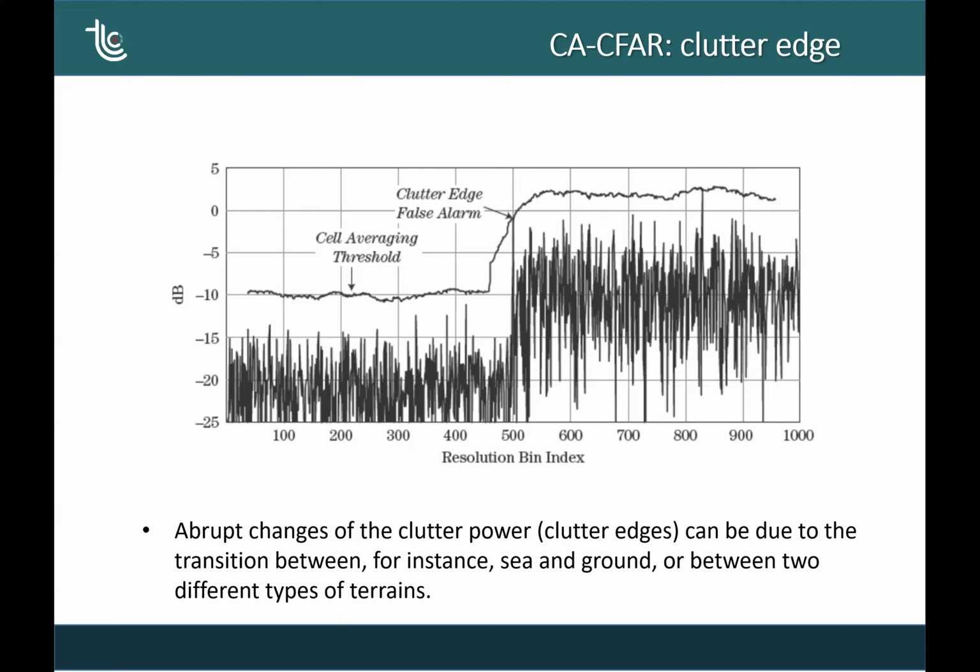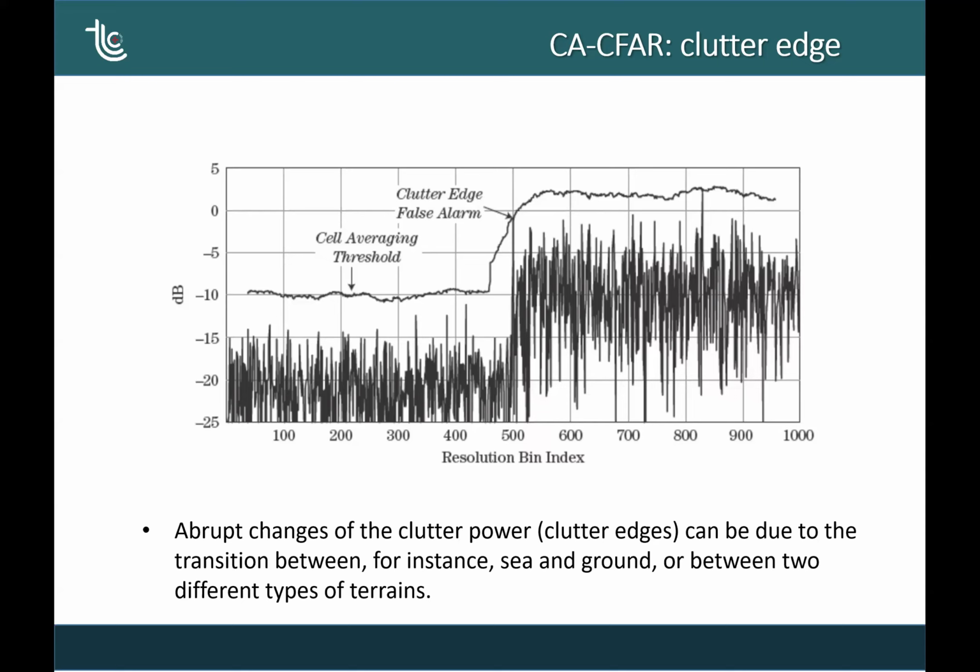So the clutter is anyway with the same distribution, exponentially distributed, but we have two different areas. In the first area, we have a certain power, and in the other area, we have another power.